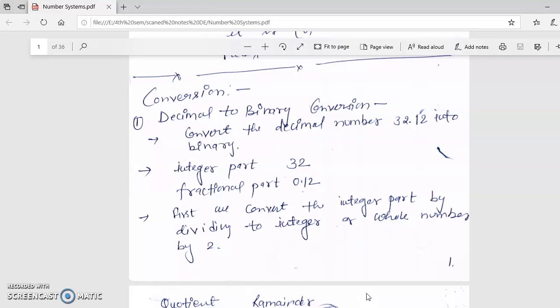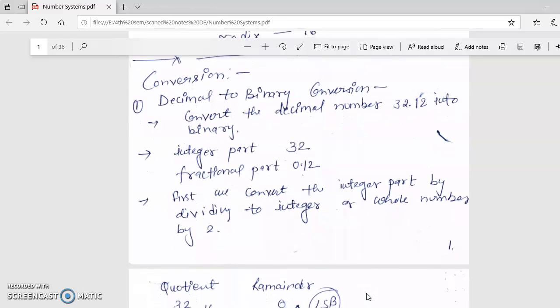First of all, converting the decimal number into binary follows a process. Dear students, to remember: D for decimal and D for divide.